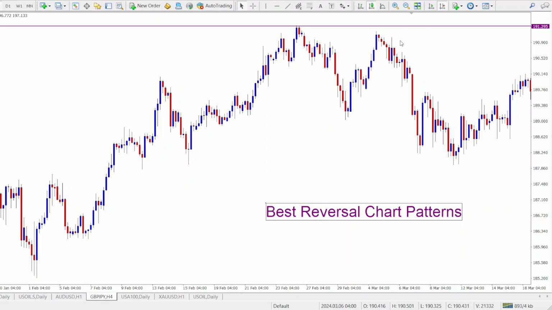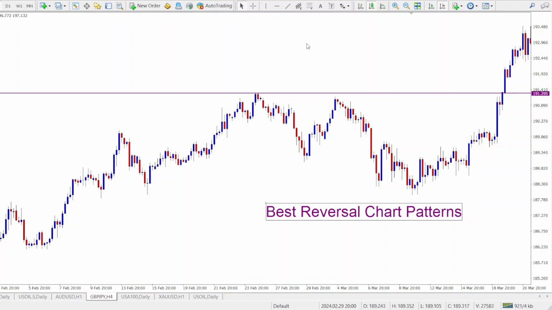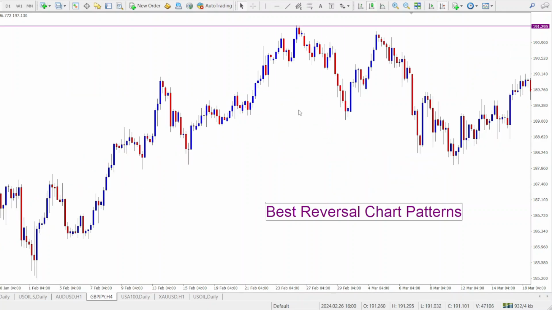The ones on the left and right may not necessarily be equal in height, but the one in the middle must be the highest. When you see this pattern forming, it's often a strong signal that an uptrend is about to reverse. Now you have to pay attention to the neckline. The neckline is the key confirmation point.